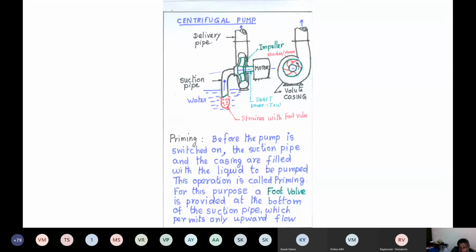So up to 10 meters only this atmospheric pressure can push the water up. So when you raise that, as I said around 8.5, there are other losses in the strainer and other places, pipe loss, and finally the pressure at entry to the pump impeller will be very, very less. Very close to absolute zero.